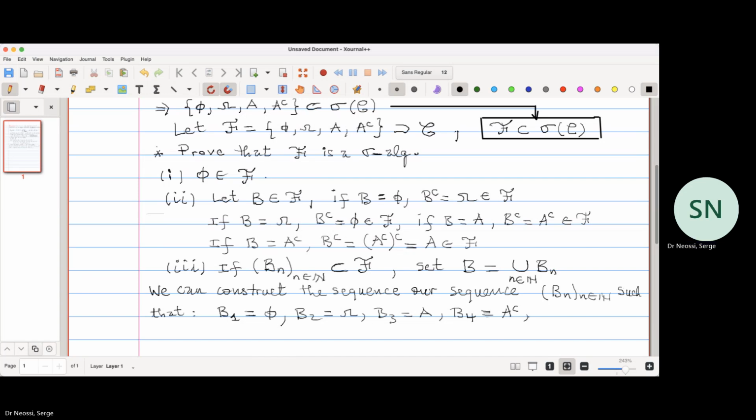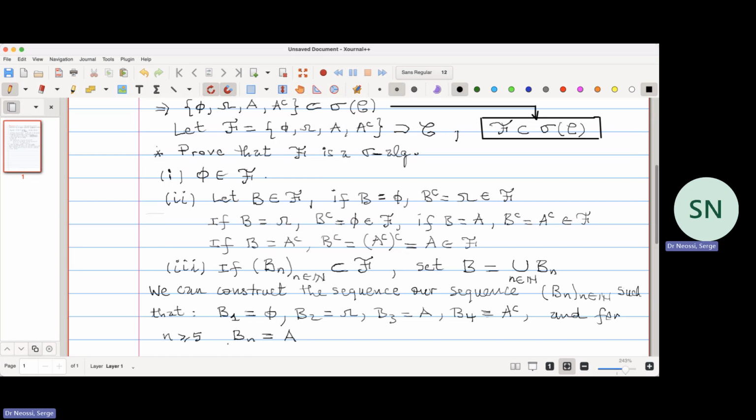And for n greater than or equal to 5, we can set Bn to be, let's say, A, for instance.